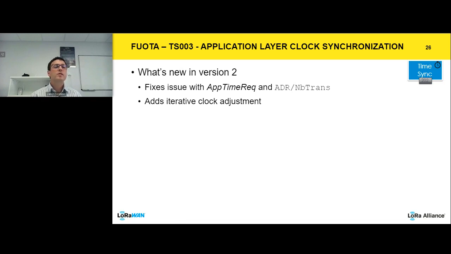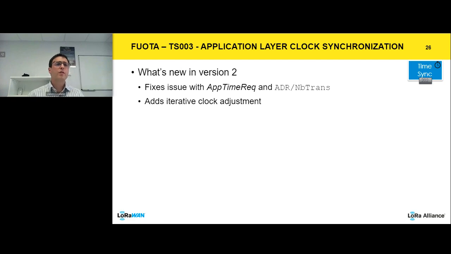The second new thing is adding some iterative clock adjustment. This is a novelty. When the clock is really out of sync, the syncing could take multiple cycles, and this is added. So this is it for the first one, the clock synchronization. Let's go to the next one.